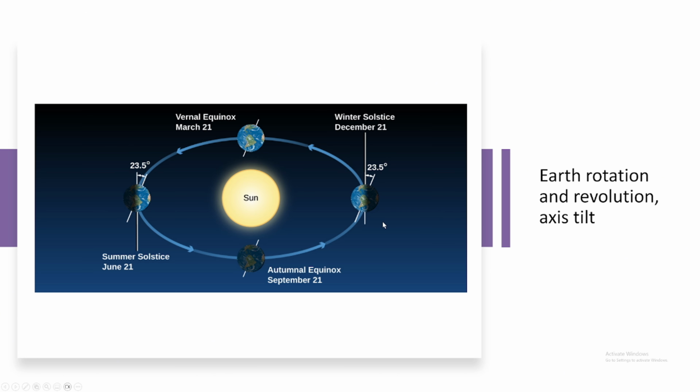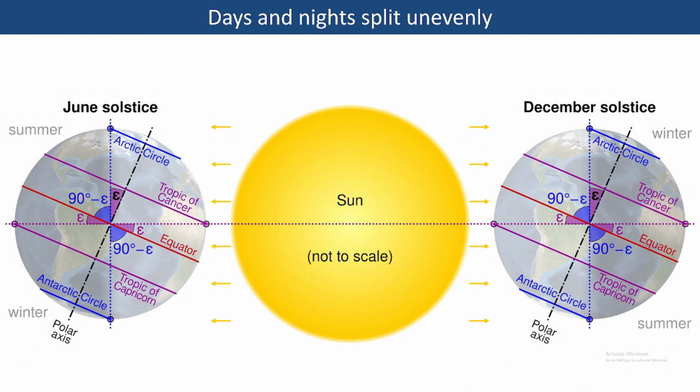Now let me explain the seasons and why we shouldn't expect evenly split days and nights. In the middle is the sun. Let's focus on the left, the June solstice, and here is the Earth. As you can see, there is a blue line. The blue line is the boundary of day and night.